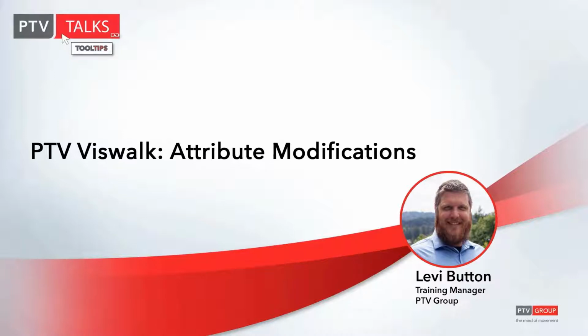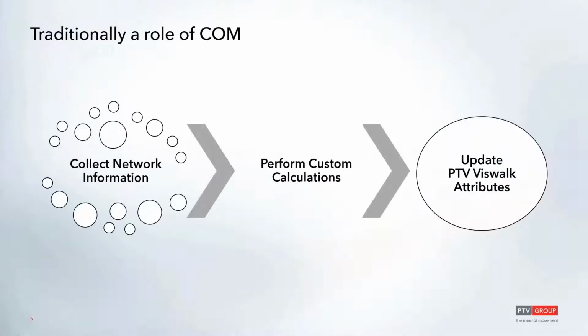Today we're going to start by talking about attribute modifications, and what attribute modifications are in Viswalk. Traditionally, the role of COM in Viswalk is to augment some of the calculations that are inbuilt in the software.